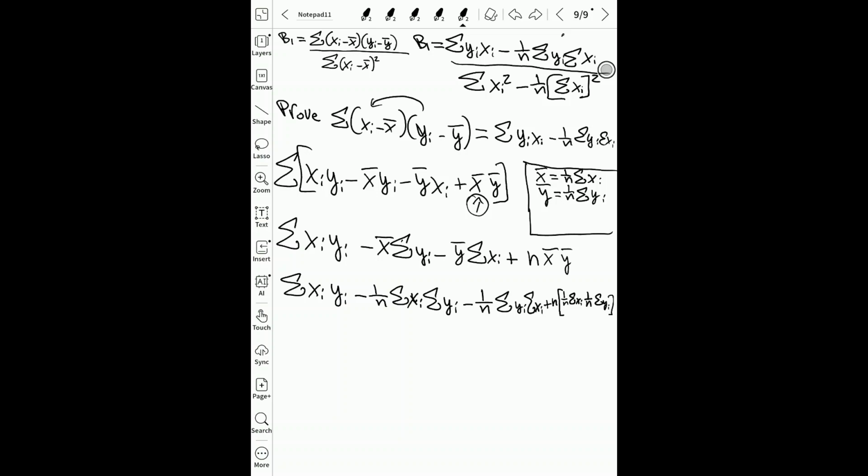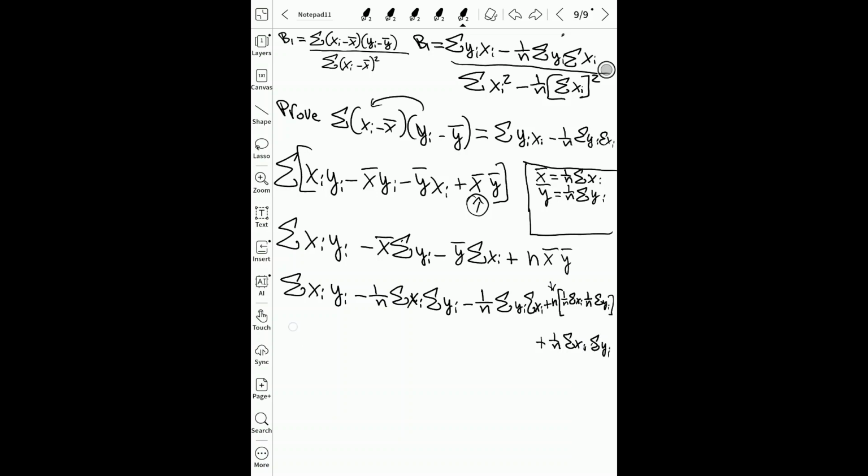So what's going on inside of here is I've got 1 over n twice, sum of xi, sum of yi. So we can see that the n on the left is going to cancel one of these 1 over n's, but it can't cancel them both, right? So that is going to leave us with a 1 over n sum of xi and sum of yi, right?